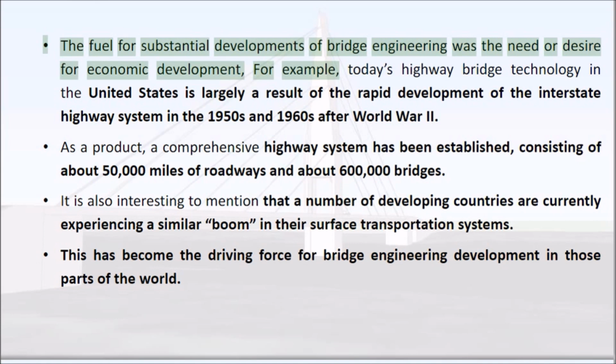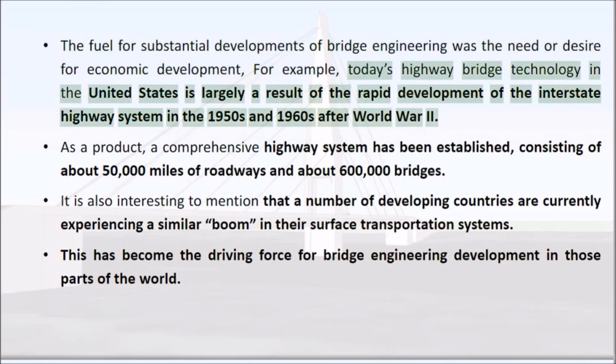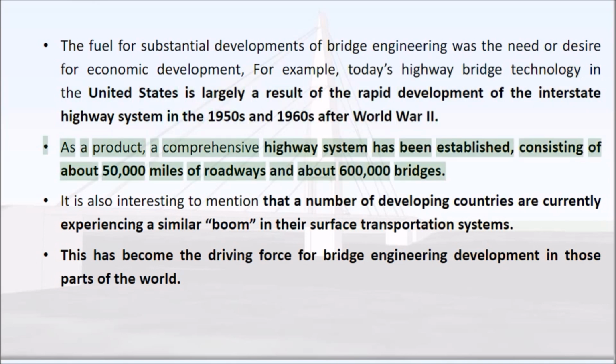For example, today's highway bridge technology in the United States is largely a result of the rapid development of the interstate highway system in the 1950s and 1960s after World War II. As a product, a comprehensive highway system has been established, consisting of about 50,000 miles of roadways and about 600,000 bridges.